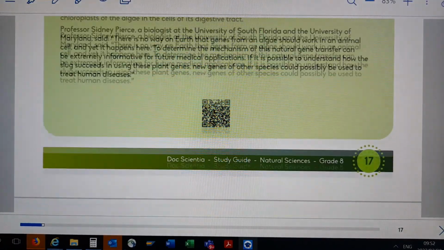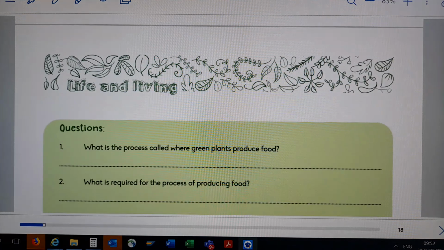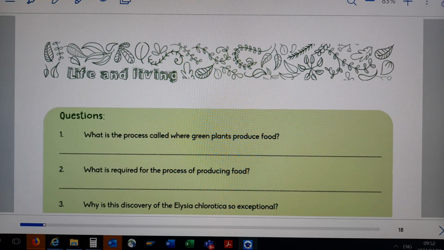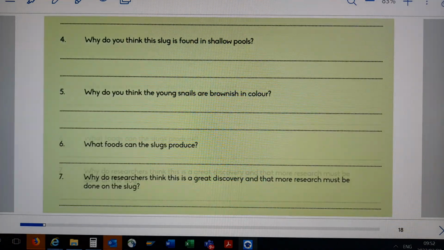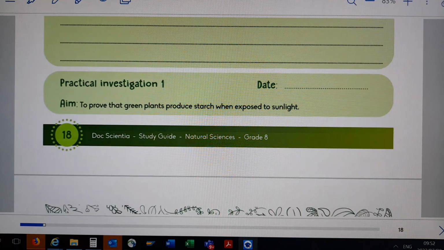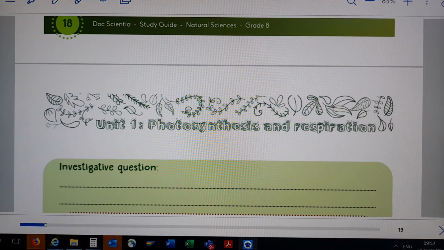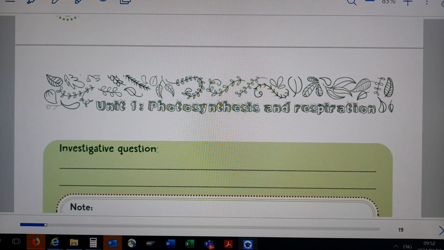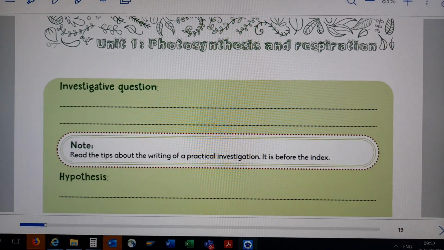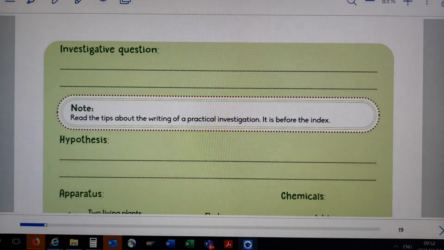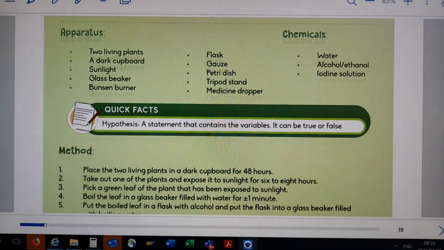So we've got two types of plants that don't contain chlorophyll: the saprophytes and the parasites. Saprophytes live on dead organic tissue, and parasites live on living organic tissue.